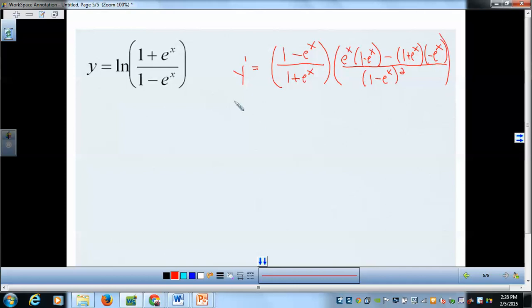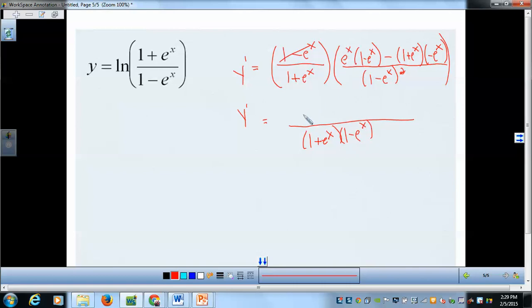All right, so now if you clean this up a little bit, you can see some simplification things you can do that are pretty simple. This 1 minus e to the x here will cancel with one of those there. So now in our denominator, we only have 2 expressions, 1 plus e to the x, and then the 1 minus e to the x here. And if you look up here, if we distribute some of these, we might get some things that cancel out.